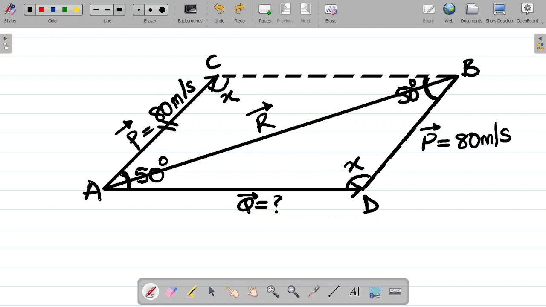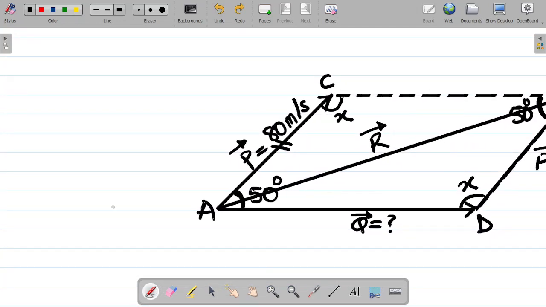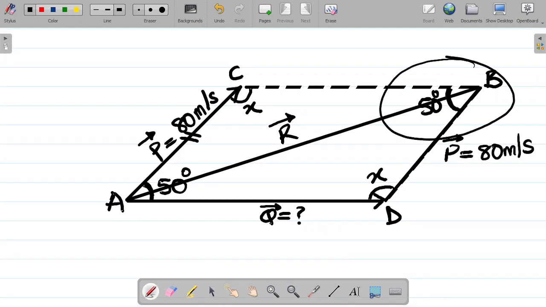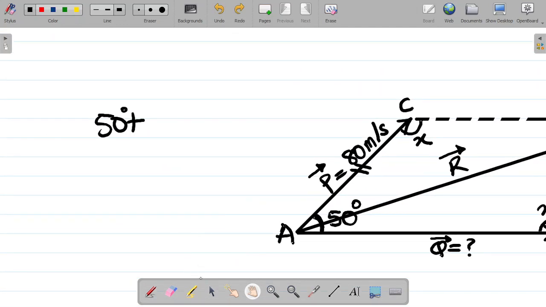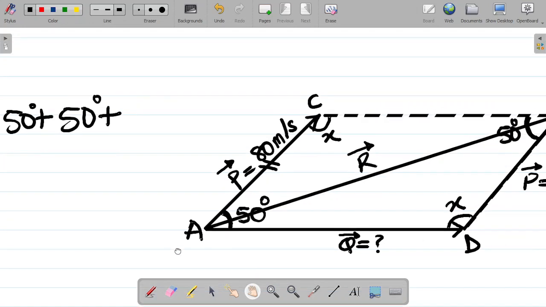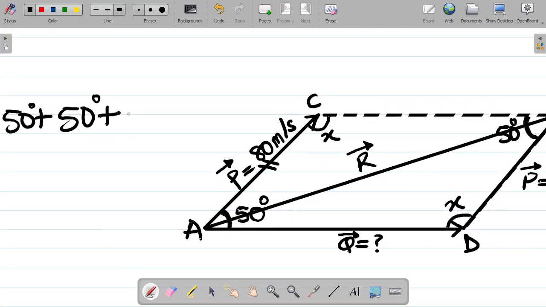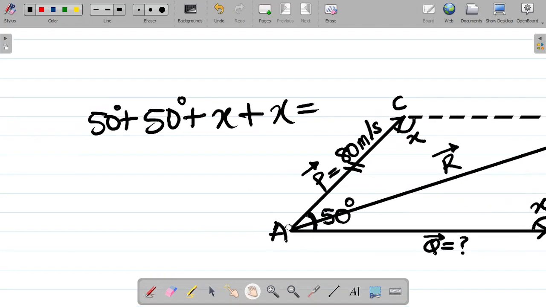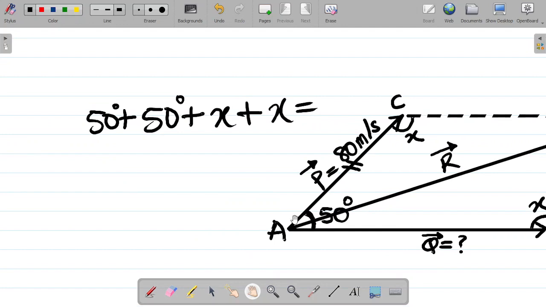This is just simple geometry. The angle at A, 50 degrees, plus the angle at B, another 50 degrees, plus the angle at C, which is unknown, X, plus the angle at D, which is also X, is equal to the sum of angles of a quadrilateral, a four-sided polygon, which is 360 degrees.